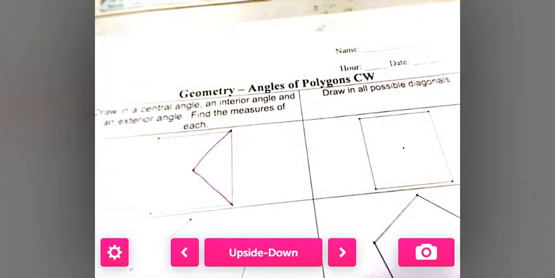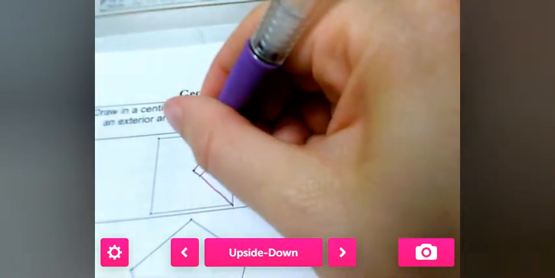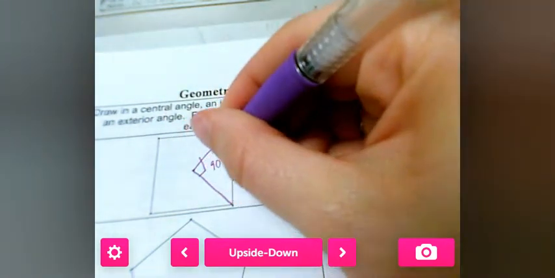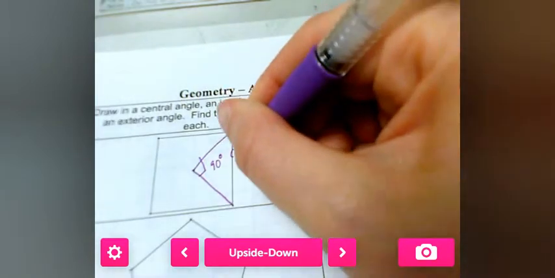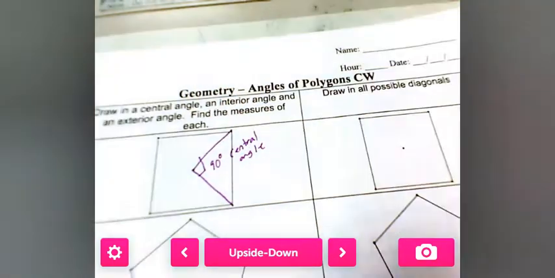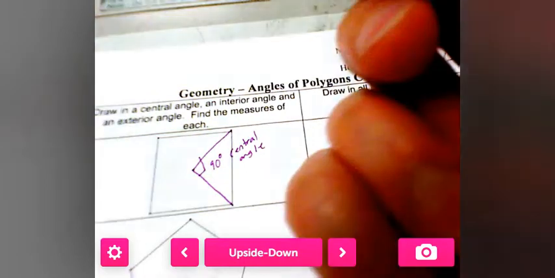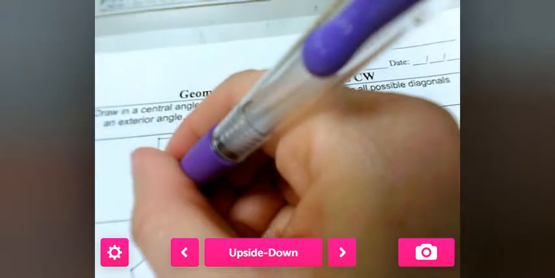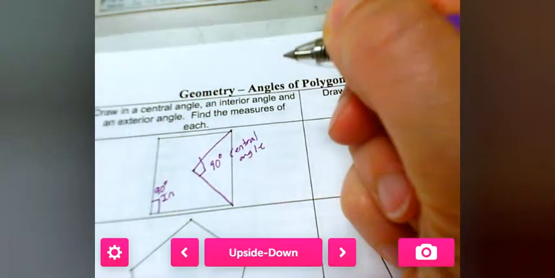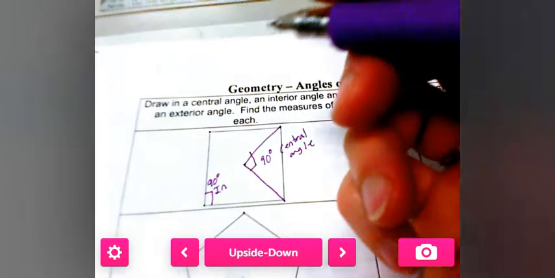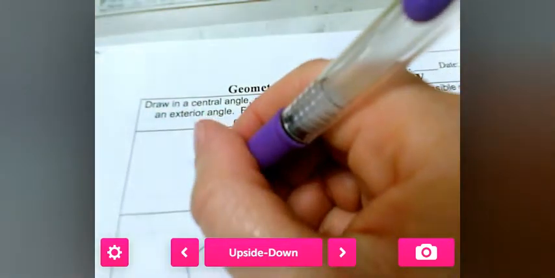Okay, and in this case, it gives us 90 degrees as my central angle. In this case, an interior angle would be 90 degrees. I'm just going to put IN for interior angle. And our exterior angle would be on the outside.